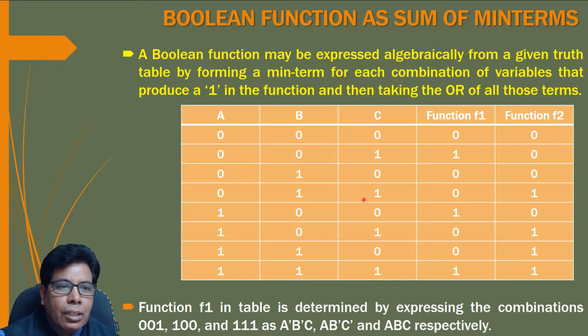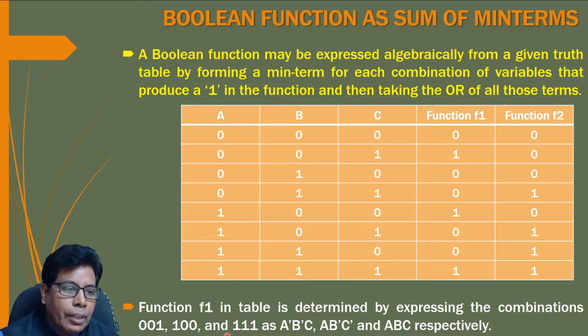So when we are expressing the function f1 in the table, we can determine it by expressing the combinations. Here this 1, so its combination will be 0 0 1, and the second 1 is here, so the combination is 1 0 0. You can see this particular row, 1 0 0. Then the last one is here, so that is 1 1 1.